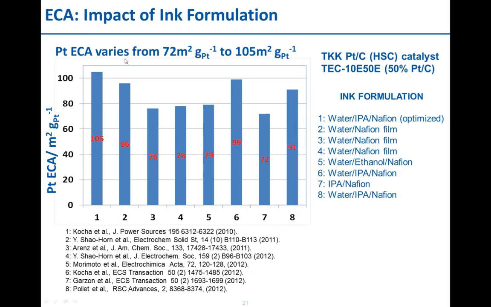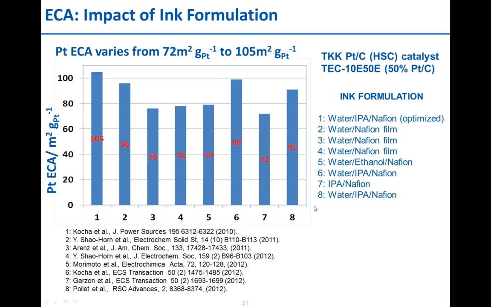what we did is look at the same TKK catalyst that was on the previous slide, in different papers over the last few years, and how the platinum surface area measured for this catalyst is not the same.